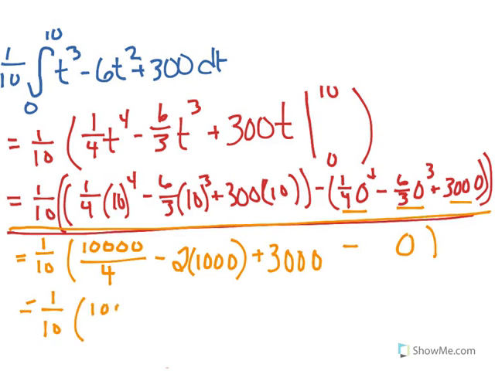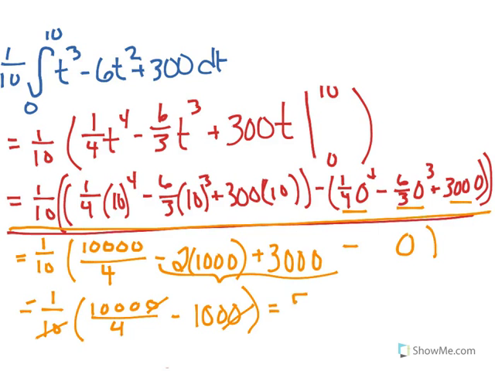This is 1/10 times 10,000 over 4 minus 2,000 plus 3,000 is going to give me 1,000. I'm going to distribute my 1/10 in there, cancel a 0 there, and I get 1,000 over 4.